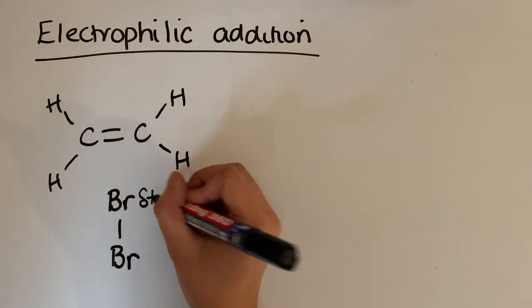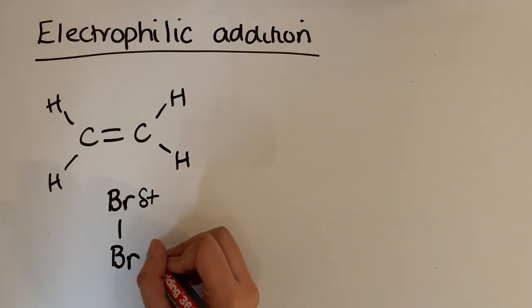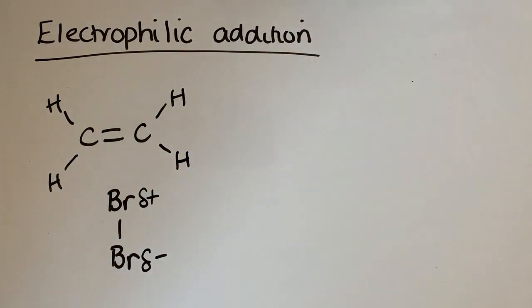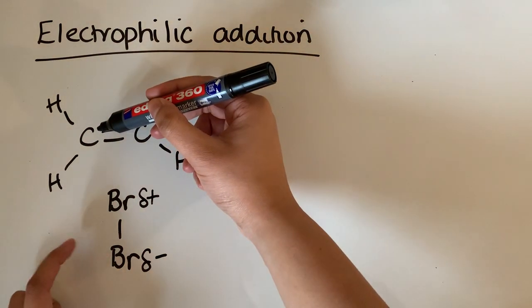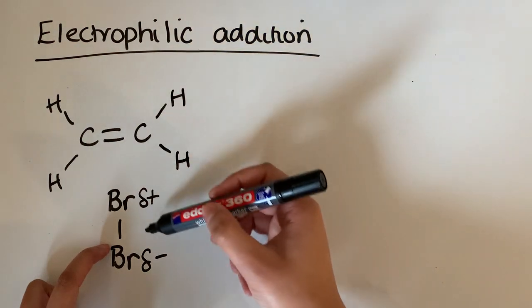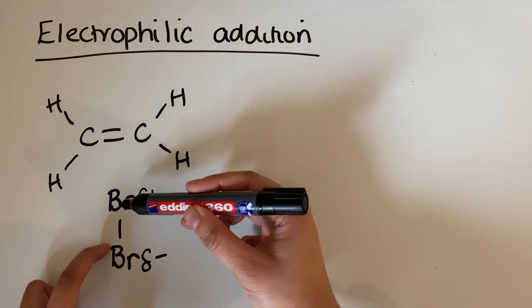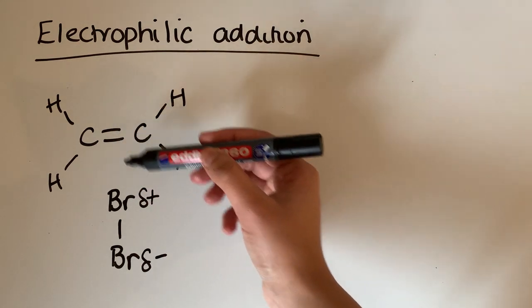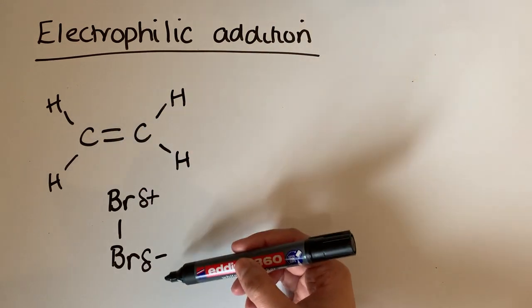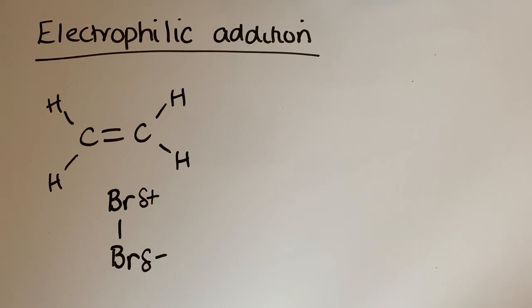So this bromine is delta positive, and this bromine is delta negative. The one closest to the double bond is Br delta positive. The one further away is Br delta negative.